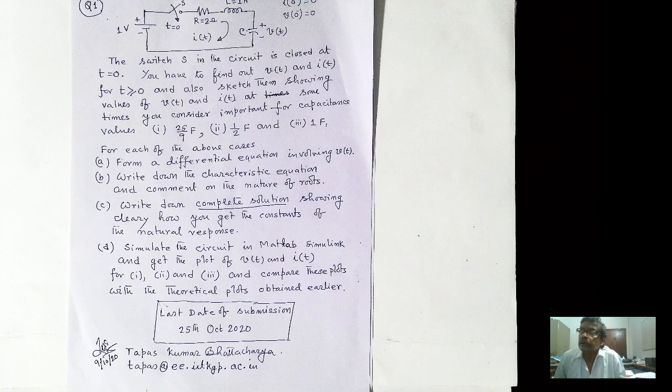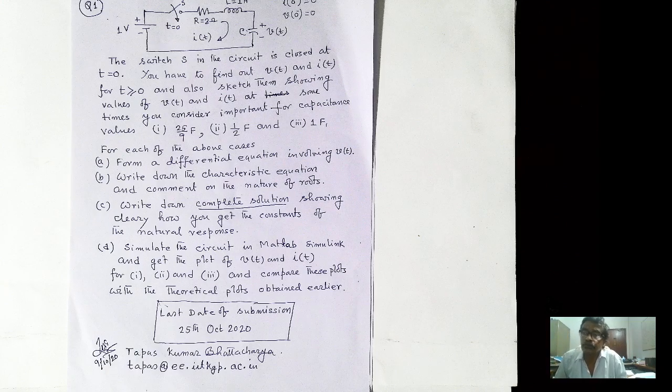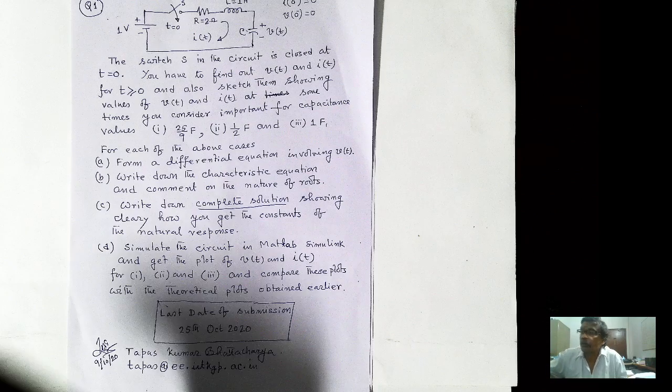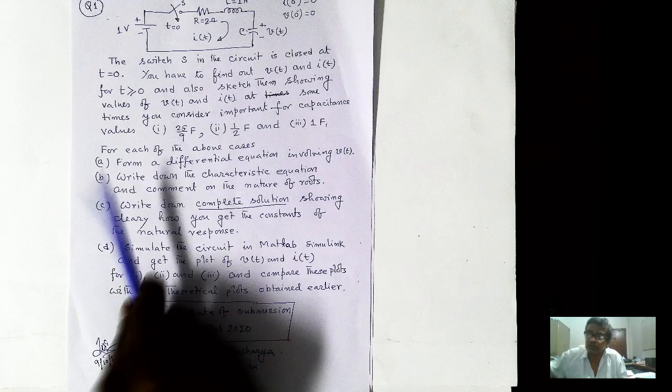Whatever plots you get in this part, I would expect them to be close to the plots that you got from your theoretical calculations. And while doing the theoretical calculations, I would rather prefer that you don't use any remembered formula. Better just carry on with your calculation.